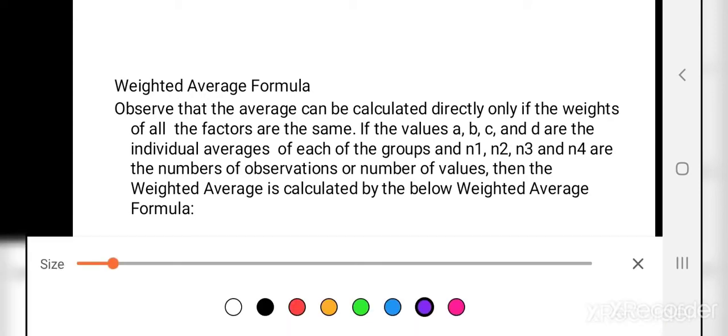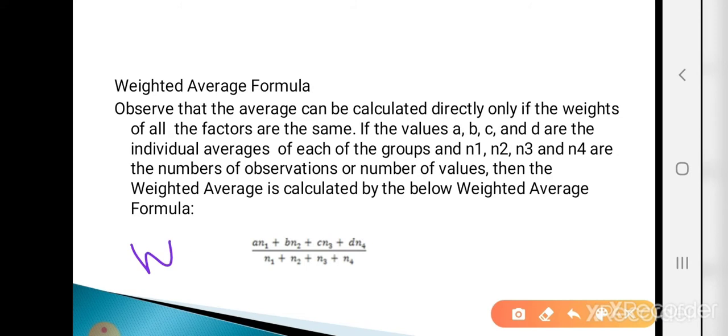So, the formula for calculating the weighted average is A into N1 plus B into N2 plus C into N3 plus D into N4, whole divided by N1 plus N2 plus N3 plus N4.